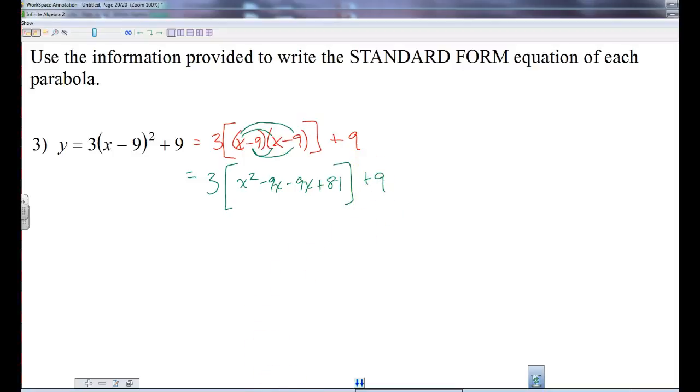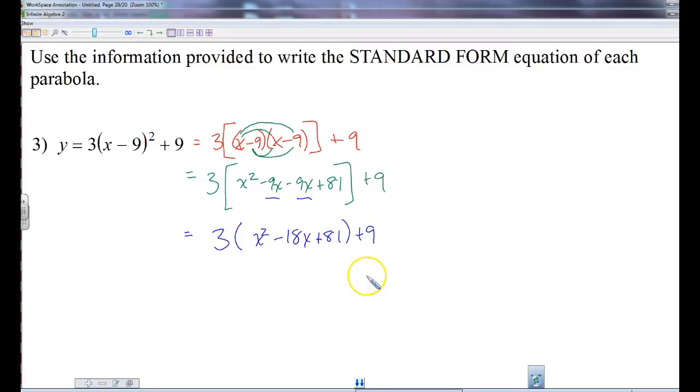Alright, now we're going to take care of combining like terms inside here. So that's 3 times x squared. Combine those two, we get negative 18x plus 81, all plus 9.